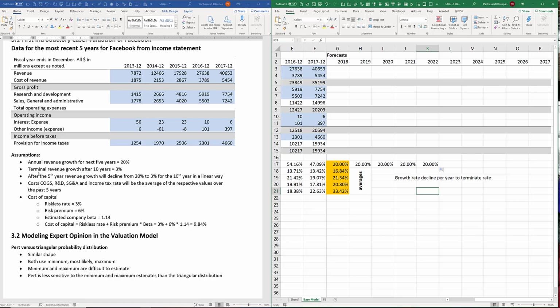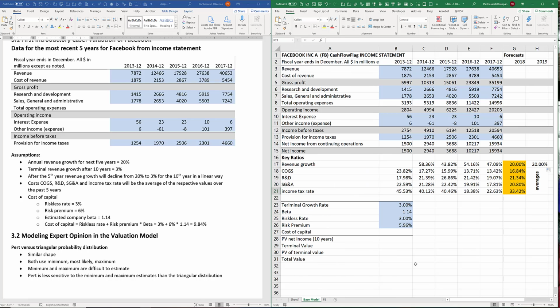And then we are further assuming that after that, the revenue growth would have matured enough and it'll start going down. Okay, and at year 10, it would have reached 3%. The terminal growth rate is 3%.